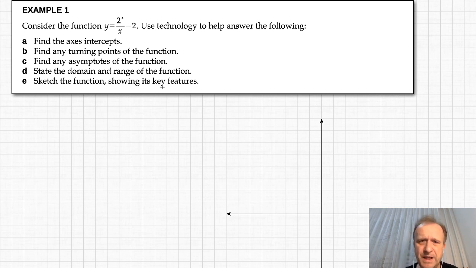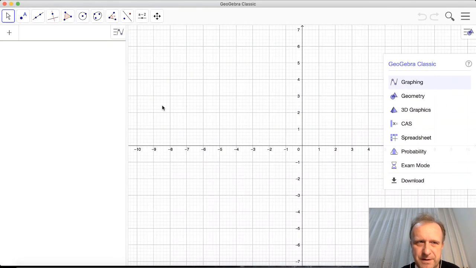Let me now show you the easiest but the most time-consuming way to do it. I have prepared a Geogebra Classic application for you, and now I will show you how to do it there using the table of values.